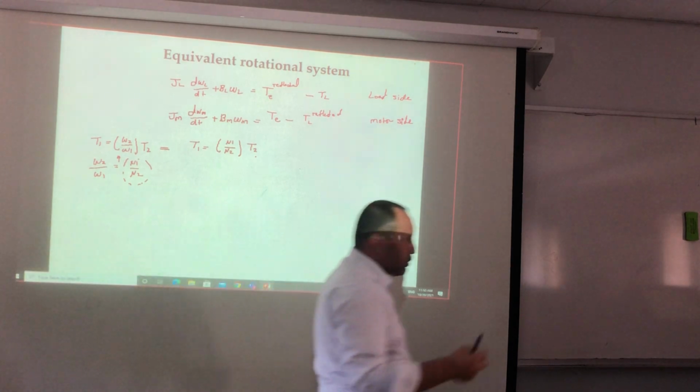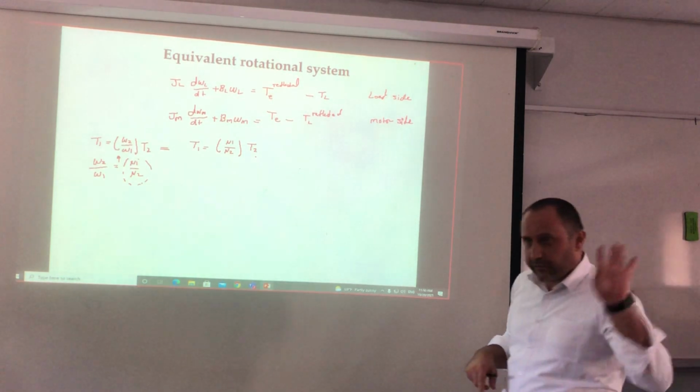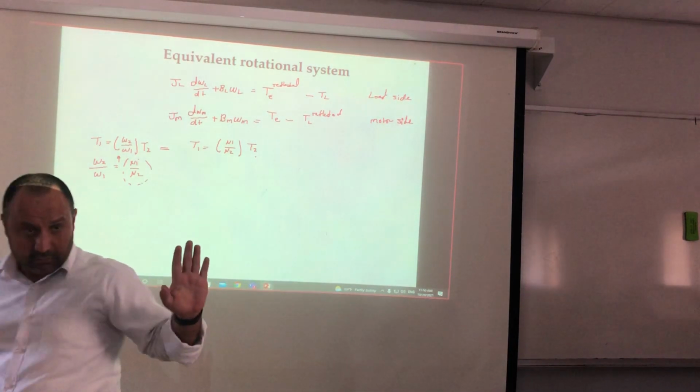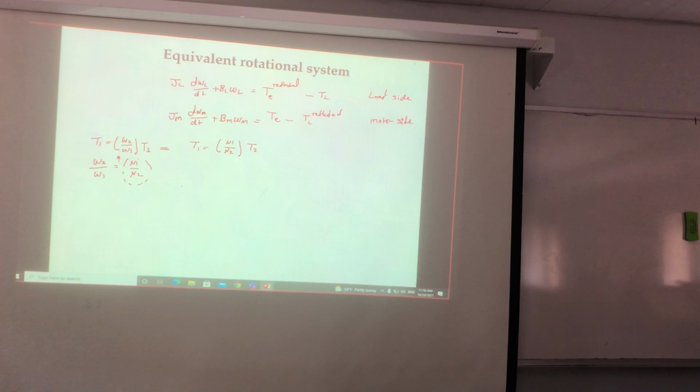So now I need to find the equivalent kinetic energy. The kinetic energy for a rotating mass is equal to 1 over 2 J omega squared, correct? So the equivalent kinetic energy, K equivalent, will equal 1 over 2 J equivalent omega squared.